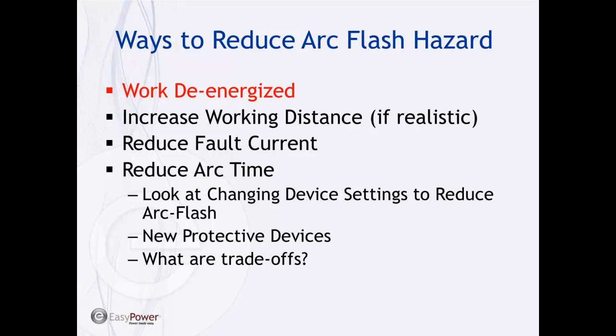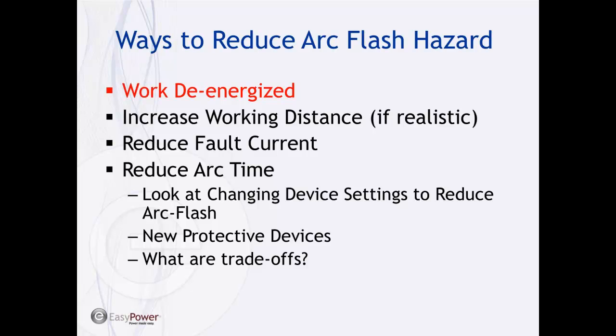You can also reduce the fault current. This is probably more of a design issue. You can reduce fault current by having smaller transformers instead of designing for 2500 kVA transformers.